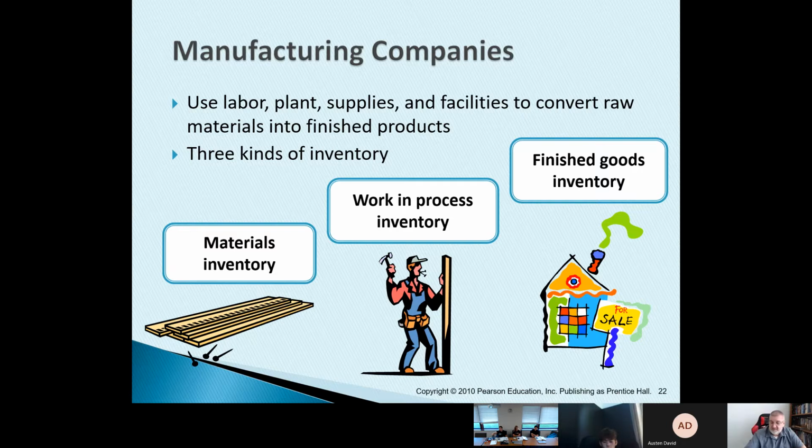Okay. So the use of labor, plant, supplies, facilities, to convert raw material. There are 3 kinds of inventory. So, this is a manufacturing company. Okay, so labor, materials, plants, all raw material to give us a final product. So our material inventory, work in progress, gives us our final inventory.